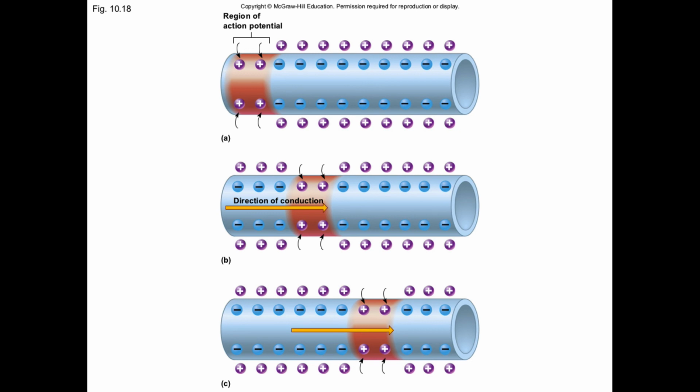So the action potential initiated at one end of an axon and conducted away from that point toward the axon's terminal. So once initiated, action potentials are self-propagating and continue along the axon at a constant velocity. And of course here it's slow and it just happens as dominoes would on a table falling in sequence.